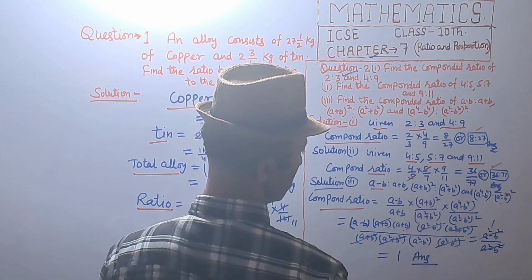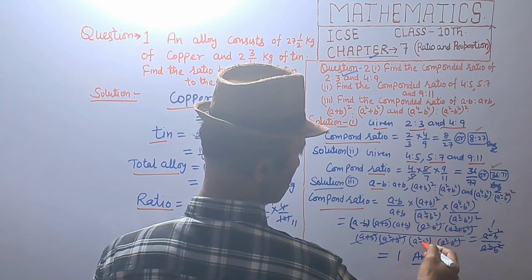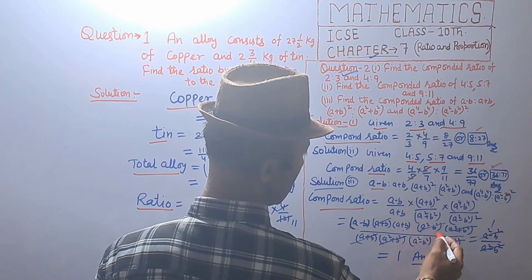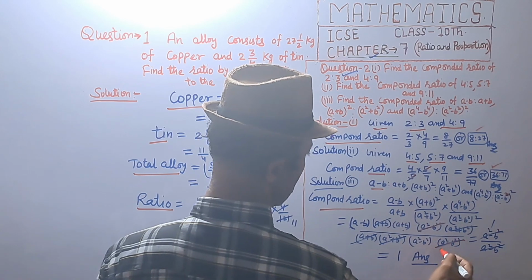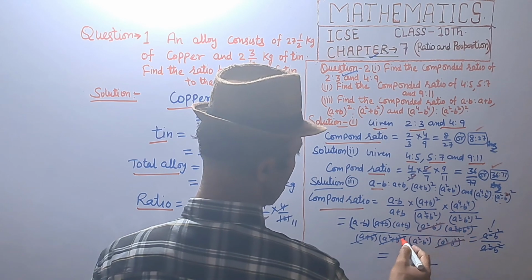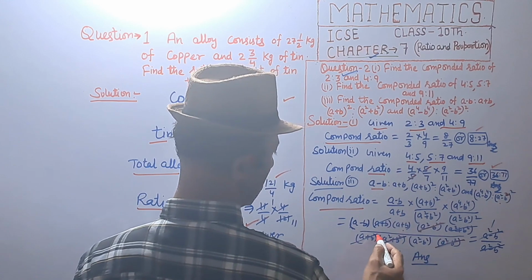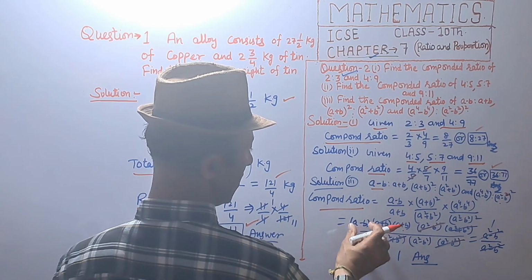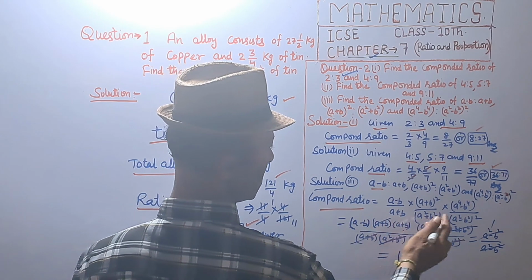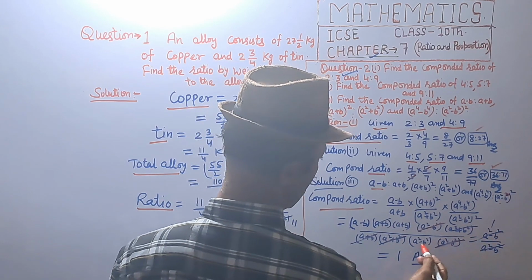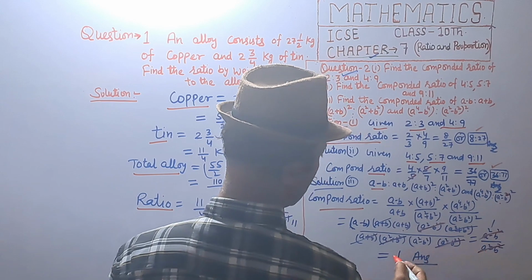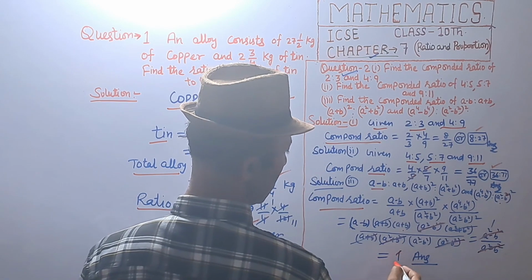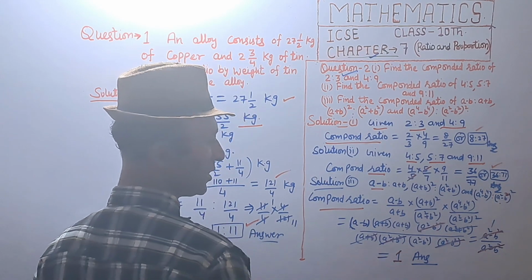This is cancel, and A square plus B square cancel, A plus B cancel, A minus B into A plus B, that is A square minus B square, and divided by A square minus B square, this is cancel, and we get 1. Answer is 1.